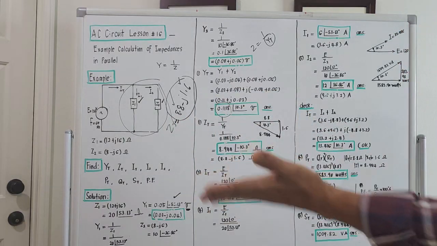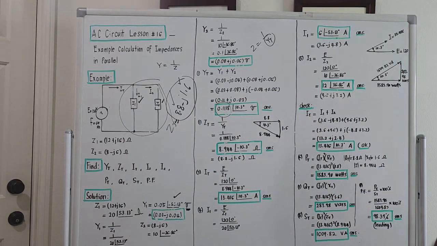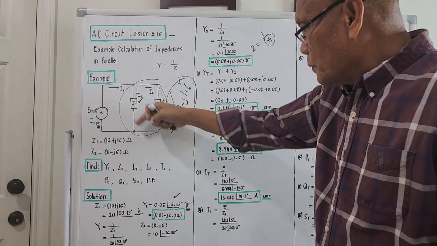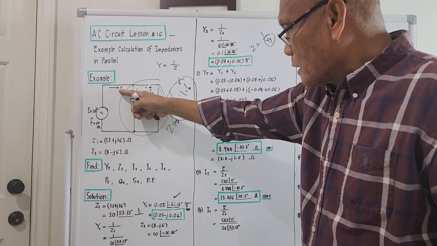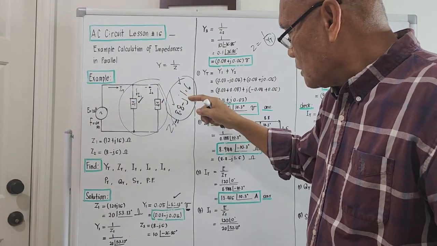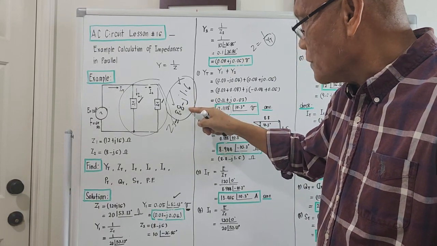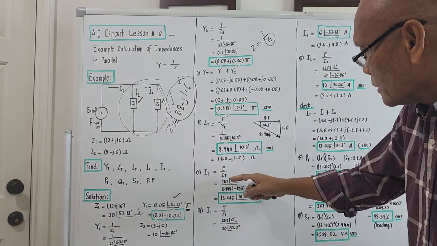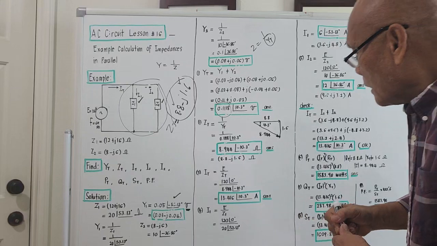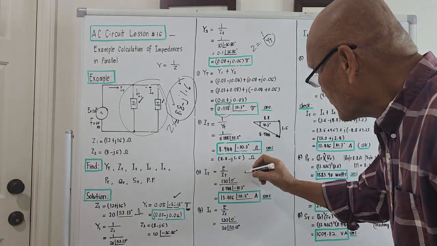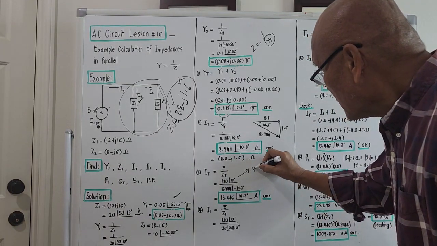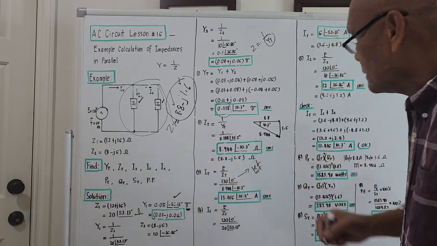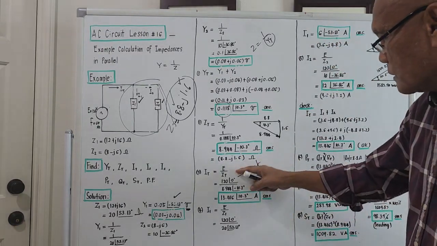Let's try to compute for I total. We now know the single equivalent of this. So the total current will be the applied voltage divided by the single equivalent of the impedance. It is 120 over 0 degrees. We make this one as 0 degree. It's a reference vector, right? So 120 angle 0 degrees.